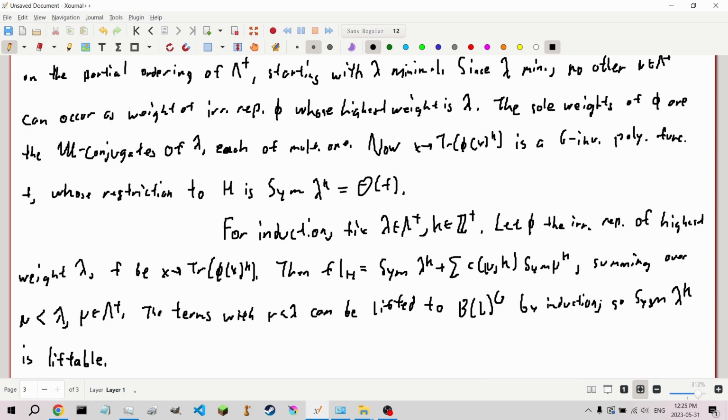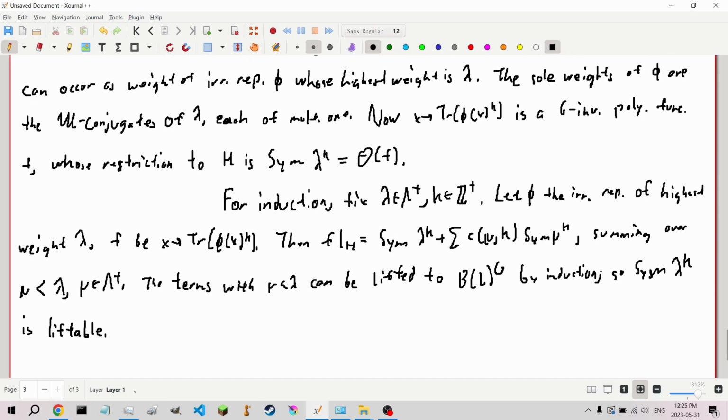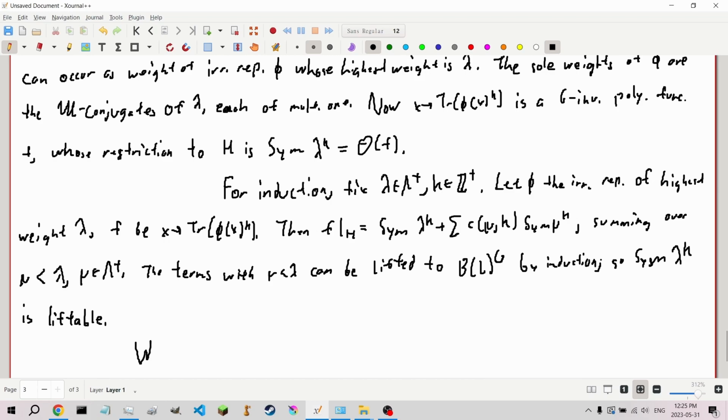Now, there's one last note we want to make here over a couple of paragraphs. We call a polynomial function x to the trace of phi of x to the k as above a trace polynomial.